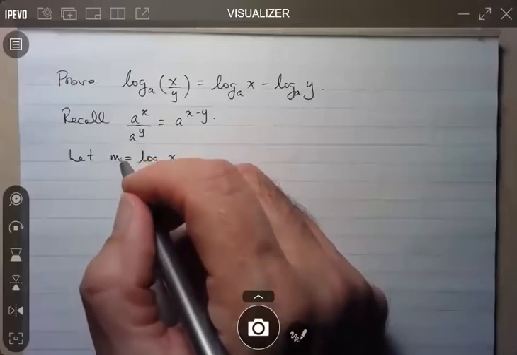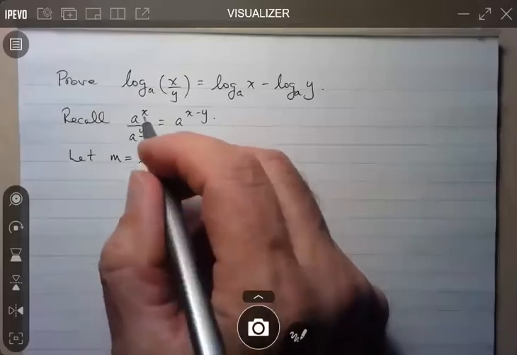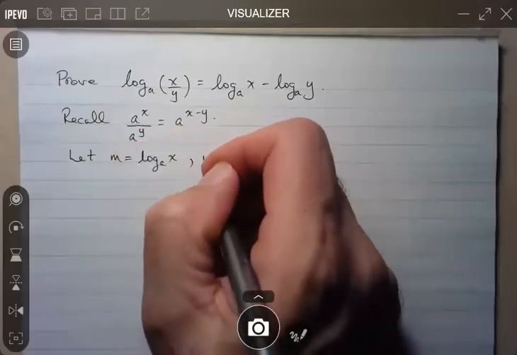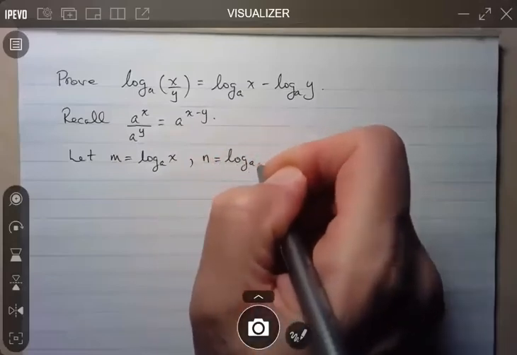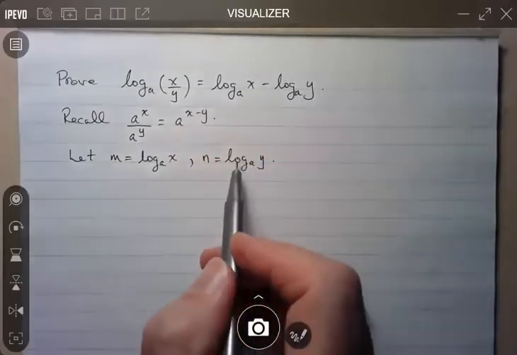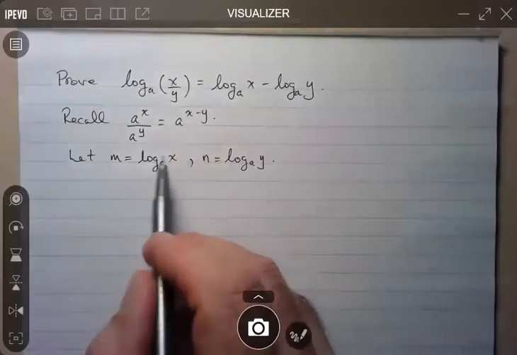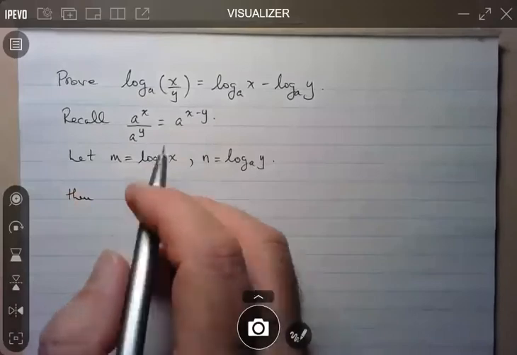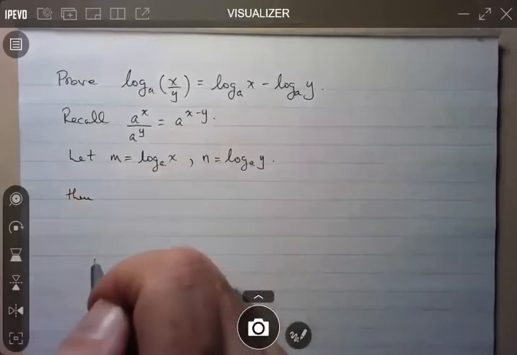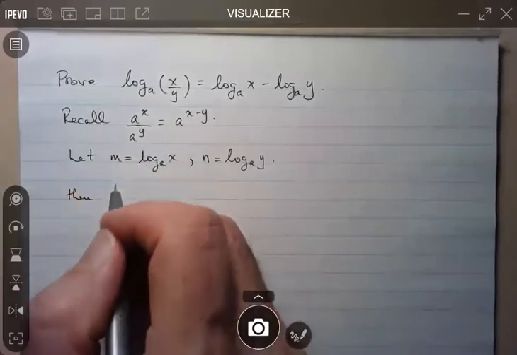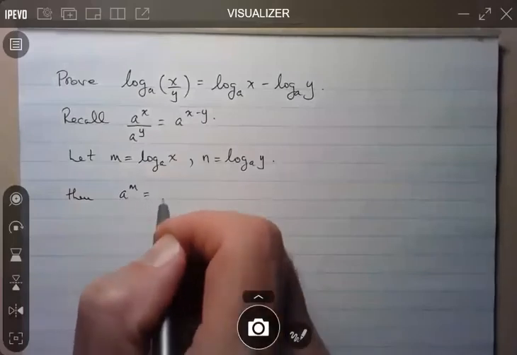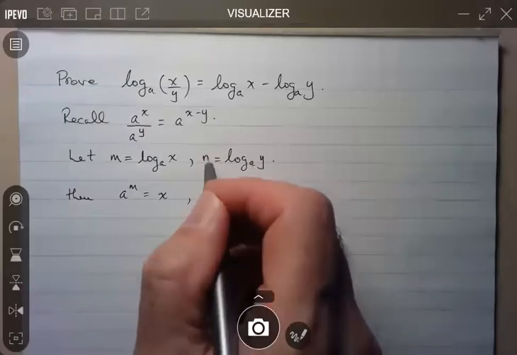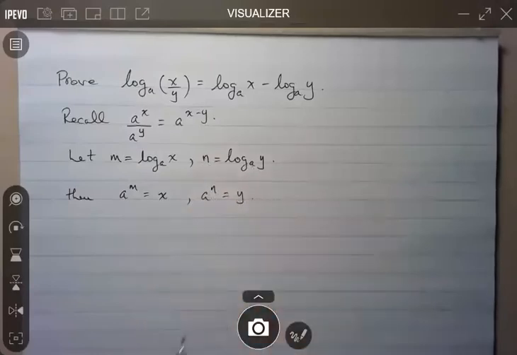Because the goal was to eventually write it in exponential form, so I could hopefully use this property here. Then I defined a second one. Again, two logarithmic expressions. I gave each of them a name, so that the next step would be to rewrite these in exponential form. So this is equivalent to a to the m equals x, and this is equivalent to base a to the exponent n is equal to y.